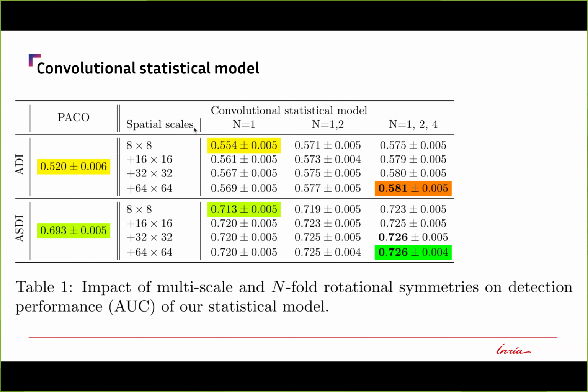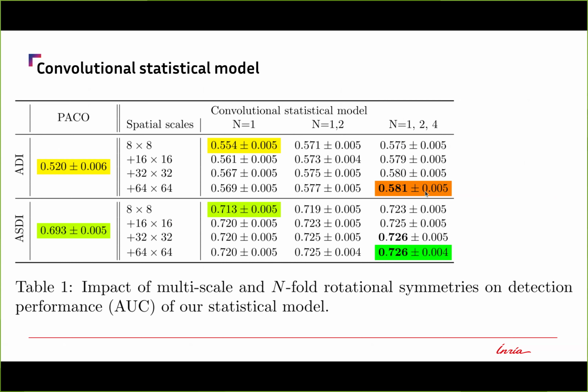Now we add larger patches: for each new row we add a new scale of patches in the mix of distributions, and for each new column we add opposed patches. In the first column we have only a single patch. In the second column we have a single patch and its opposite, and in the third column we have a patch, its opposite, and also the other patches that are separated by 90 degrees. We see that the best results are obtained by combining all of those distributions.